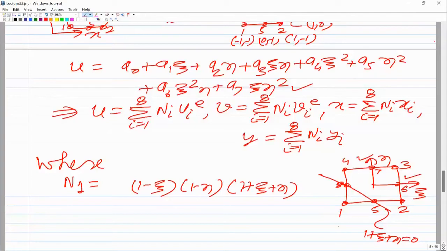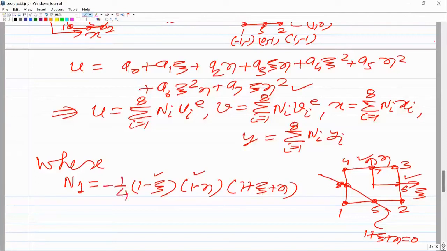The coordinates of node 1 are -1 and -1. So we put here 1 minus minus 1 becomes 2, into 2, 4. And then here we get 1 minus 1 minus 1, so -1. So the value would be -4. To make it unity at node 1, we need to divide it by -4. So we will have -1 upon 4.